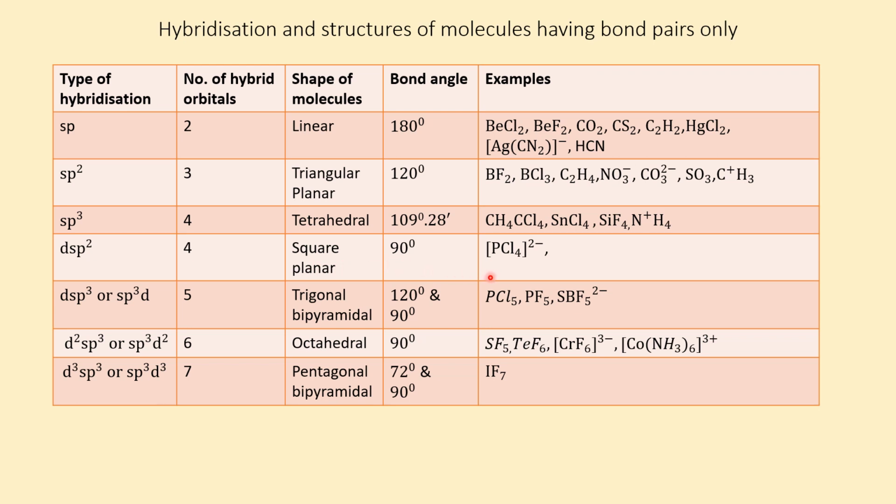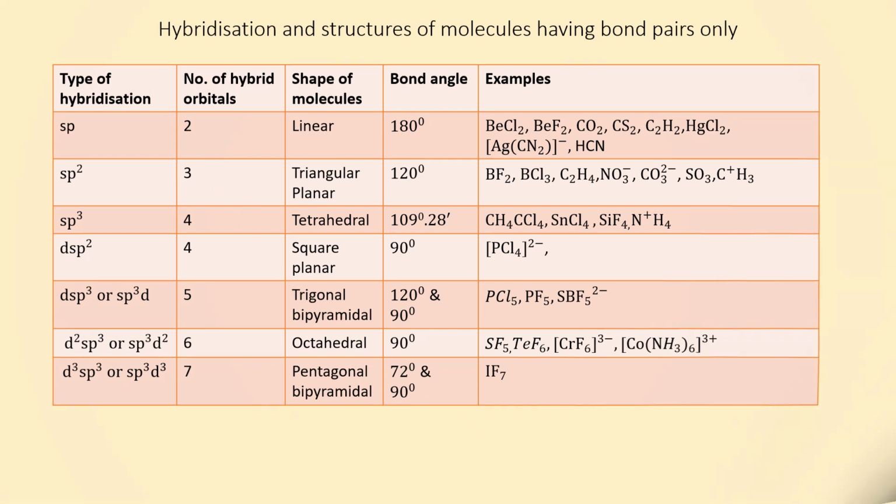Example is PtCl4 with 2 negative charge. Other examples for dsp3 and others are shown on the screen. Please pause this video and note down all the details.